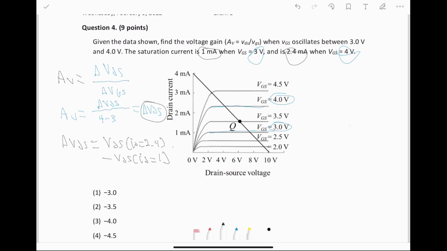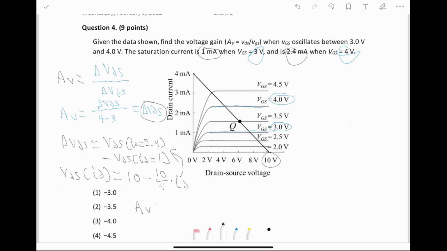Now all we need to do is find this function for VDS in terms of ID. We can easily by evaluation see that it's going to be equal to 10 minus 10 over 4 times ID. That's the drain source voltage in terms of current. All we need to do now is plug this into this to get delta VDS, which is equal to AV.